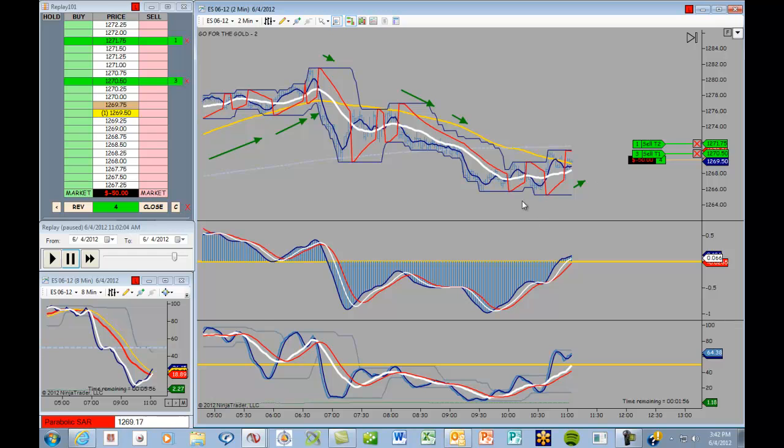And we do have divergence. Notice this low is lower than this low, but not on the MACD and not on the stochastic either for that matter.